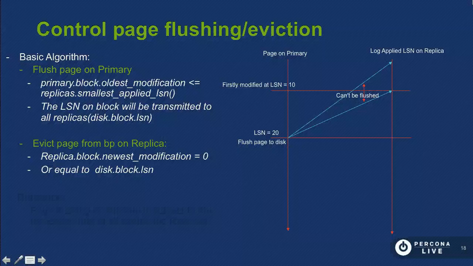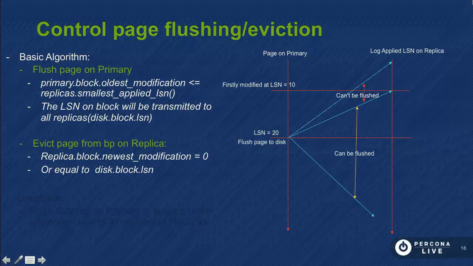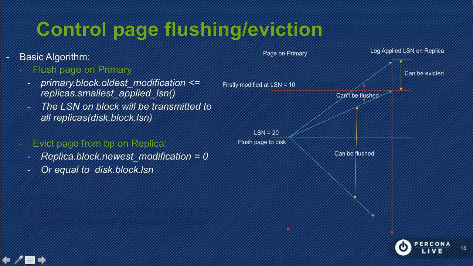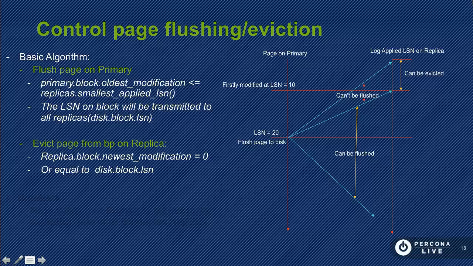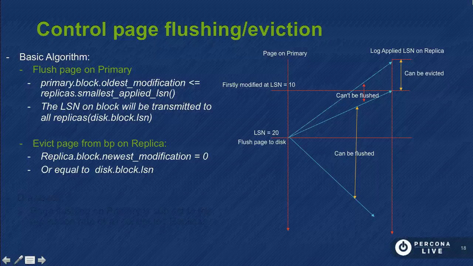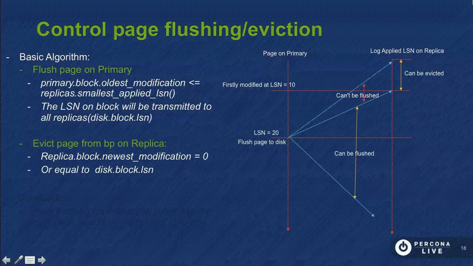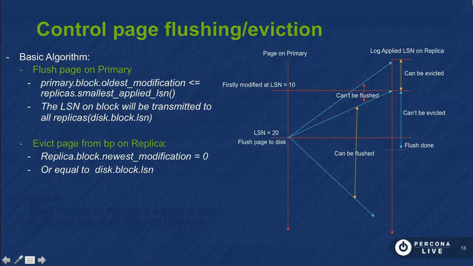We don't know if the page is in the buffer pool or not. And after that, the page can be flushed to disk. And on the replica, if the applied LSN is smaller than 10, that means the page is clean, so we can evict it.